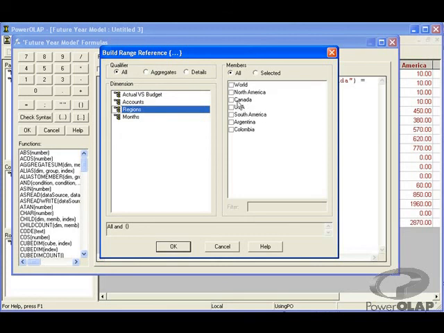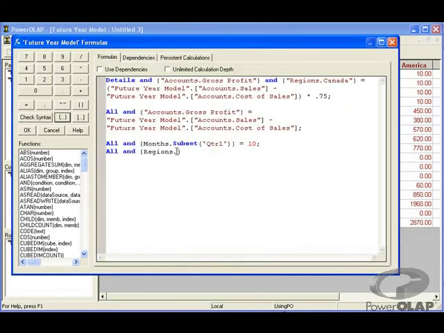I'd like my formula to apply to Canada and to USA. I'll select cancel. So I do regions dot. I will put a single quote around North America to indicate that this is a member name or a literal within the formula language. And I'll append .children.